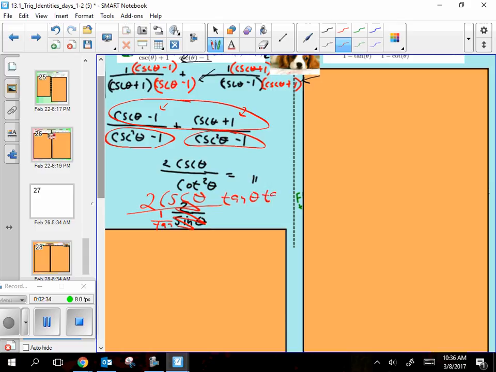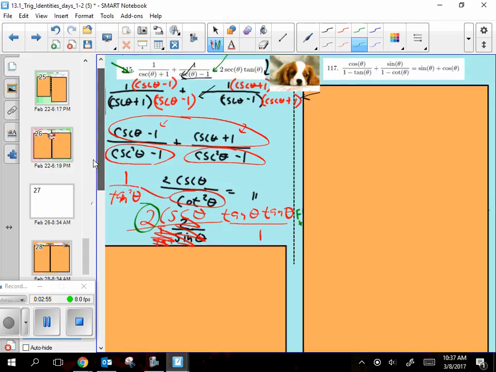Tangent theta, tangent theta. That's the way I would have done it because I would have taken cotangent and made it into 1 over tangent. And by dividing by 1 over tangent, I'm multiplying by tangent over 1. And I split my tangent squared into tangent, tangent. Then the last step is I got my 2 from of my final answer.